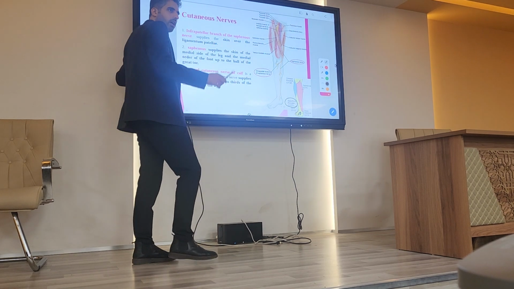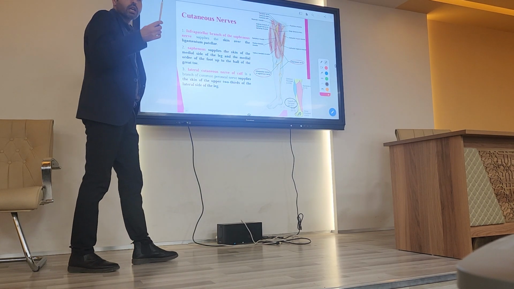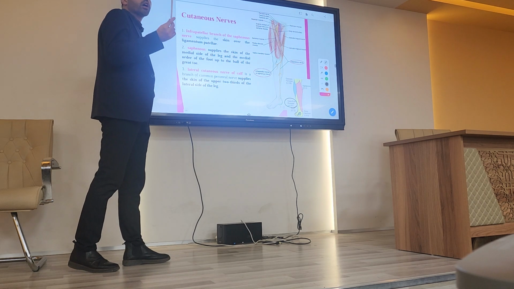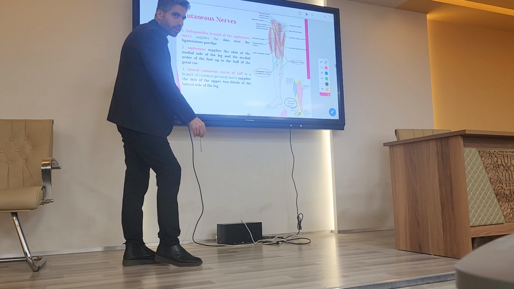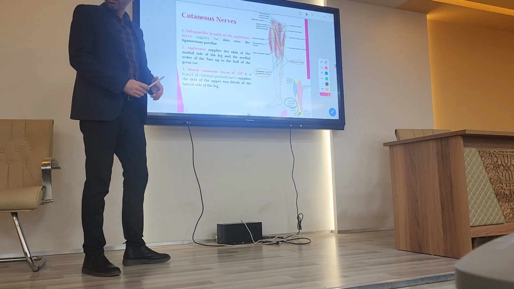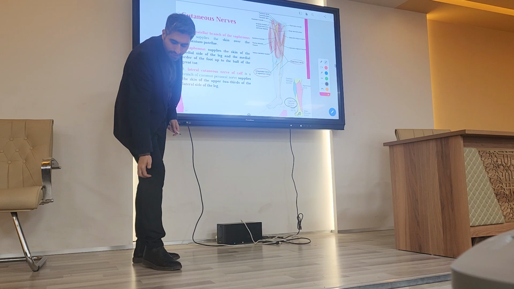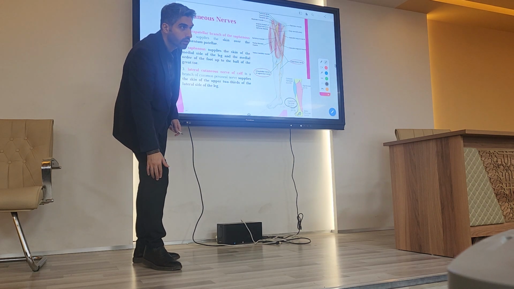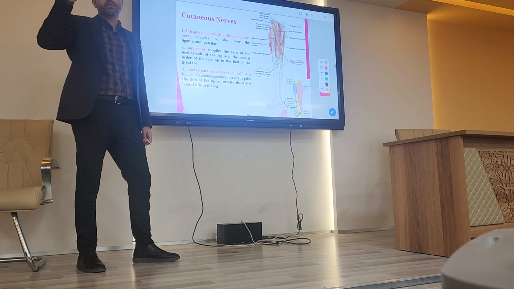Tibial nerve for the posterior side of the leg, common fibular turns and goes to the lateral side of the leg, turning around the neck of the fibula. Here it divides into two branches.